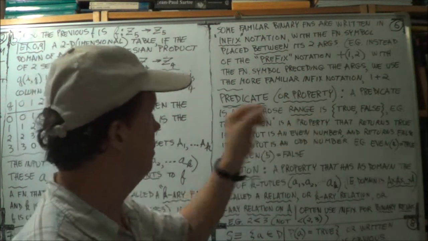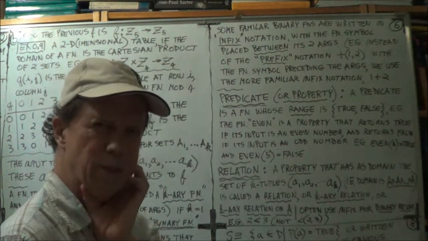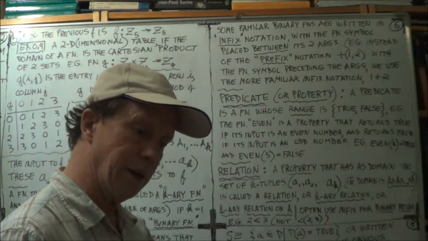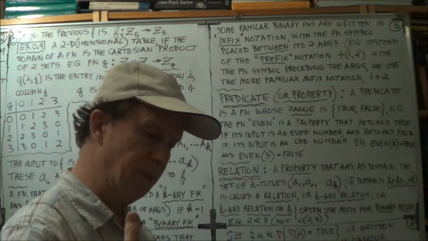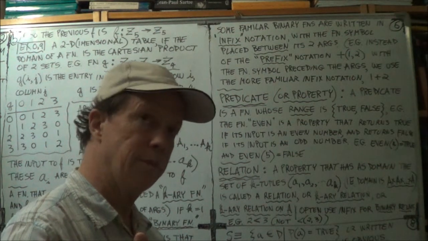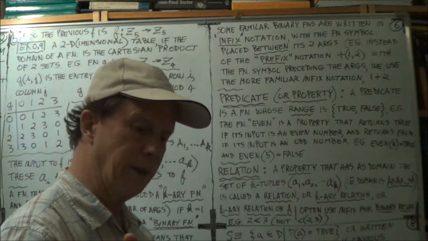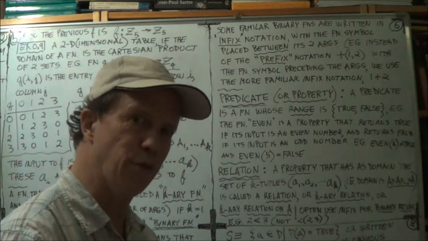Well, you may ask, why the choice of labels? Why would it be called a property? Well, I suppose you could say, given the inputs coming in, does that combination of inputs have a certain property? Yes or no, true or false, right?